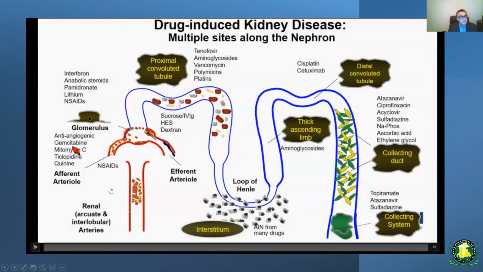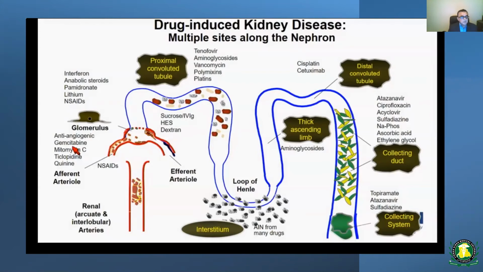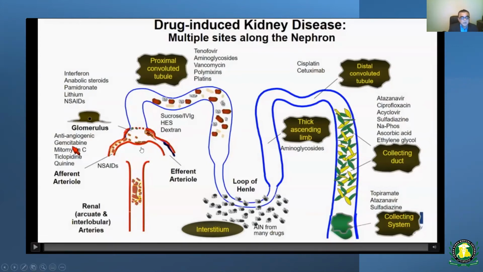NSAIDs not only cause acute kidney injury, they can also cause acute and chronic interstitial nephritis, nephrotic syndrome, membranous glomerulonephropathy, or papillary necrosis.